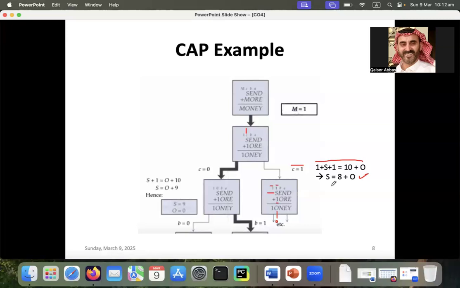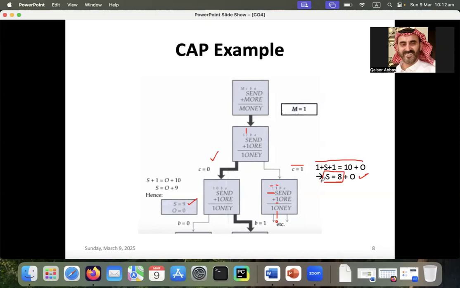Again, if you assume S is equal to 8, then everything is going okay. But if you have done this C is equal to 0 already and you have the value for S already as 9, then why are you taking the value of S is equal to 8?